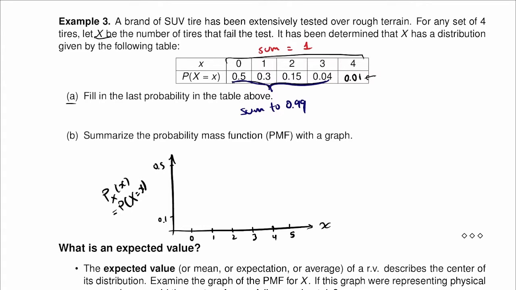So our plot is going to be like this. So this is an approximation of the PMF, right?